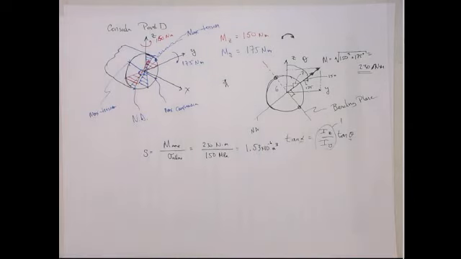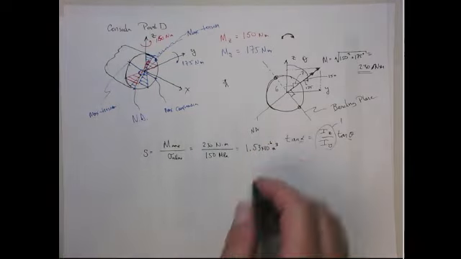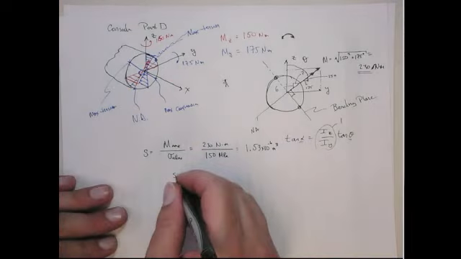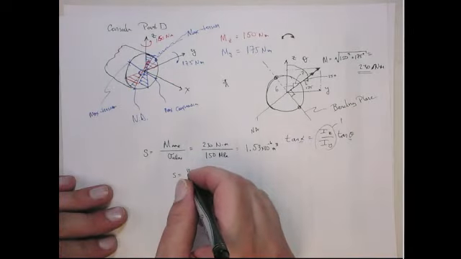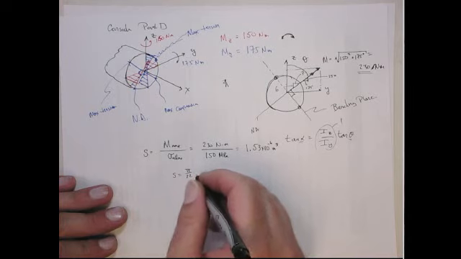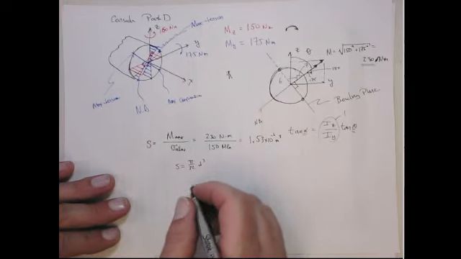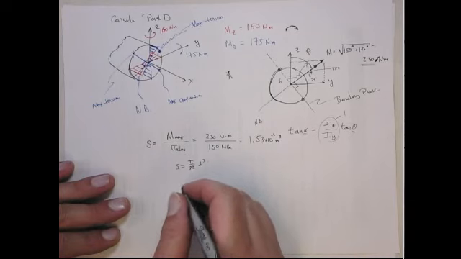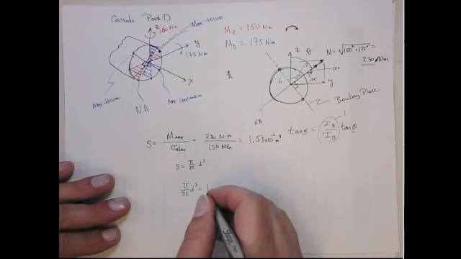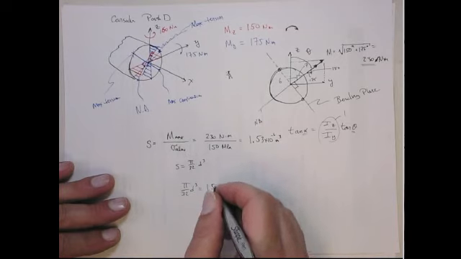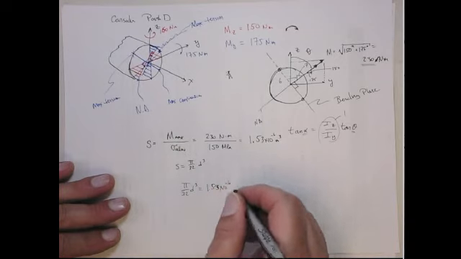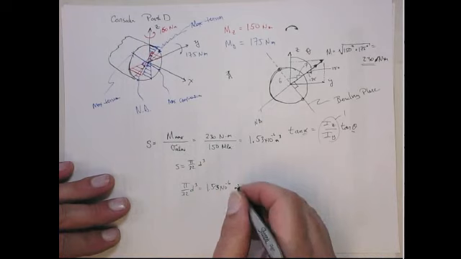All right? So now we use the same relationship. We know that S, for a circular cross-section, is pi on 32 d cubed. And that'll then give me pi on 32 d cubed has to equal 1.53 times 10 to the minus 6 meters cubed.